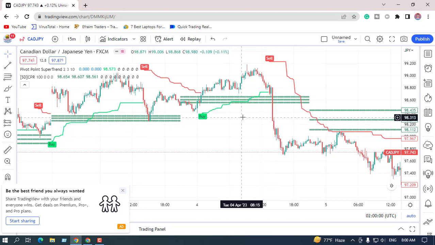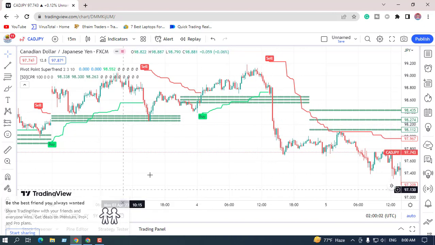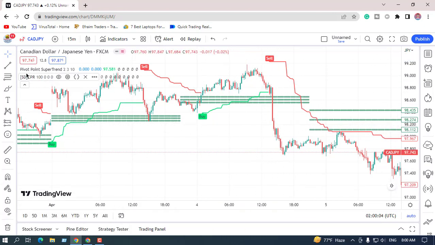Okay, for more confirmation: you cannot take a position here. Good position is here. When the support level has broken, you can trade here, and you can win this trade.